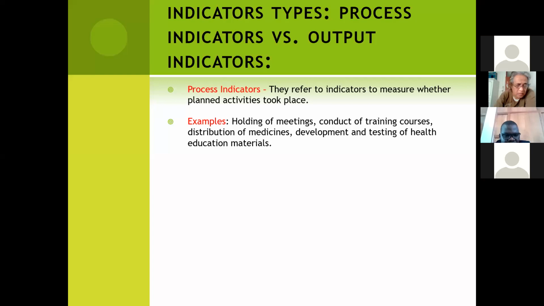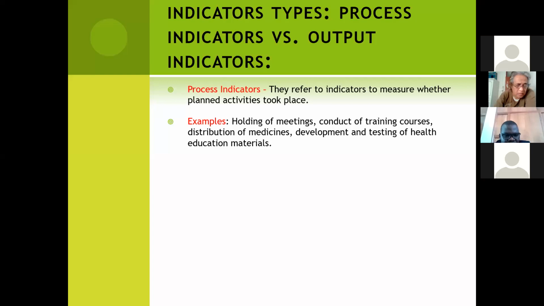That becomes very important for the critical checking on the indicators of whether these activities were able to take place. Those become some of the very important examples that we can have.